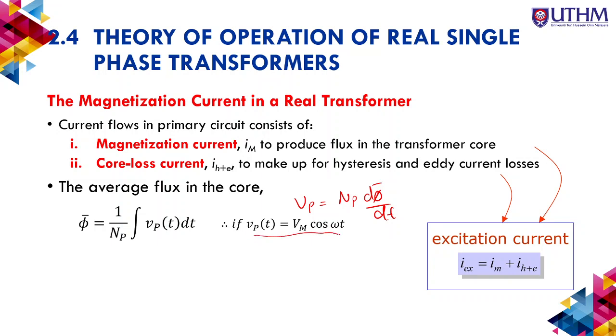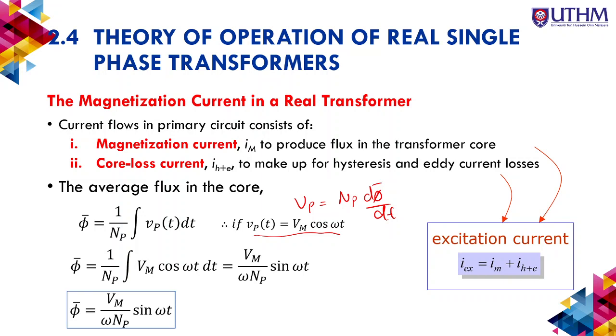If Vp is Vm cos omega t, then we integrate. So the average flux will be Vm over omega NP multiplied by sin omega t. Okay, so this is the average value, the average magnitude, and also the phase.